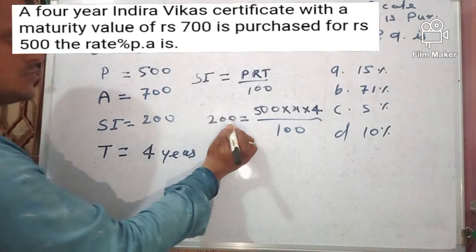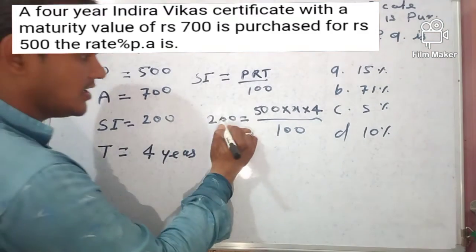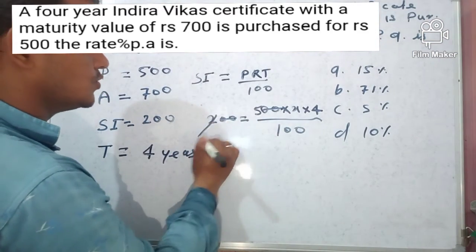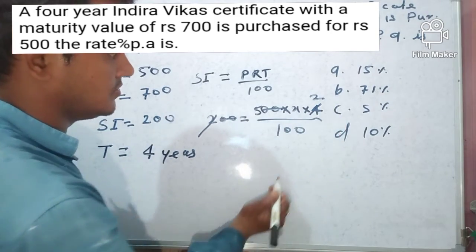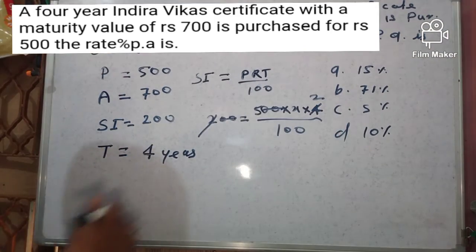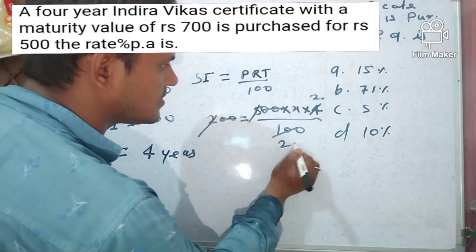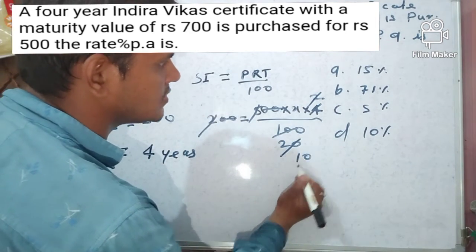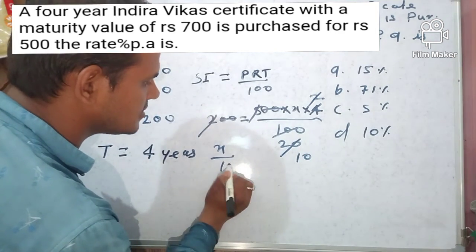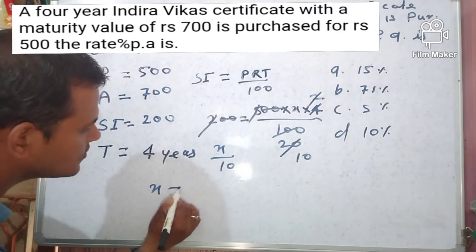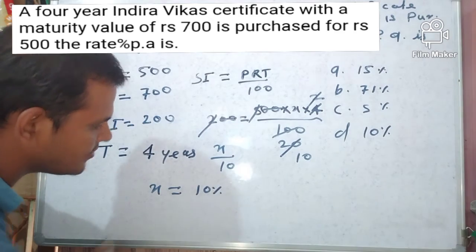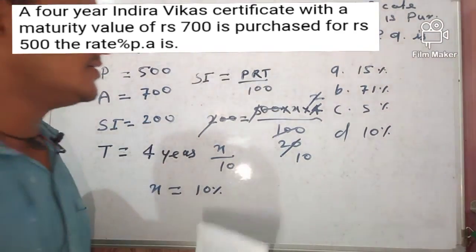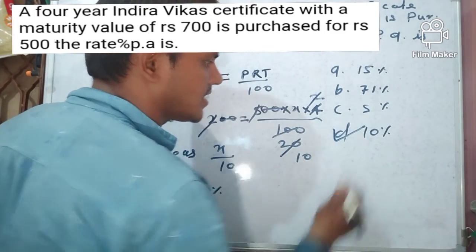After calculation, the zeros cancel, and 2 twos are 4 and 5 twos are 10, so x by 10 means x equals 10%. So our answer is 10%, which means option D is the correct option.